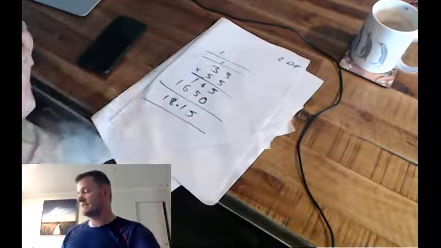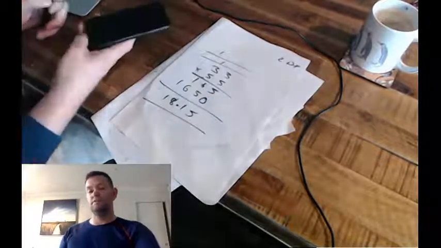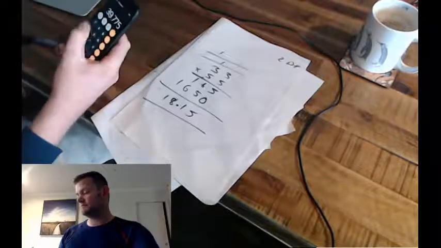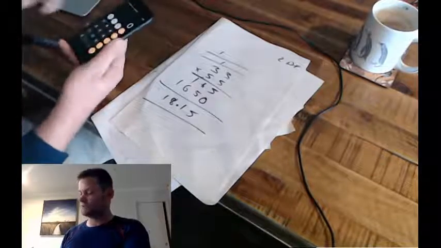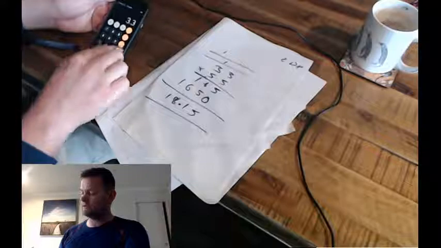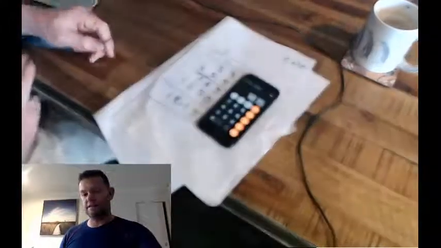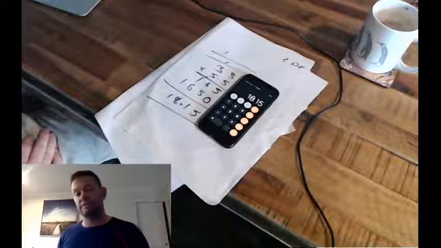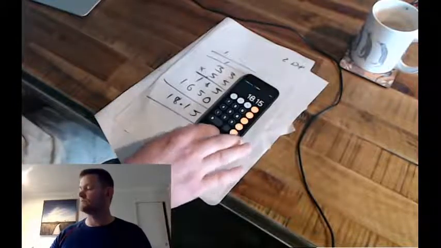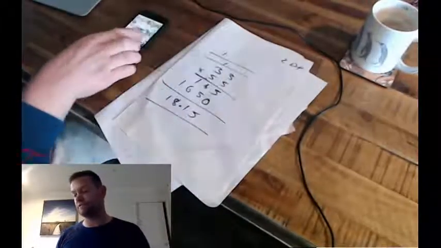The answer being 18.15. What I want you to do after you've done it on your video is to simply go 3.3 times 5.5 on the calculator and show me that your calculation is correct. If your calculation is not correct, believe it or not, it happens to all of us, you need to find out what you did wrong.